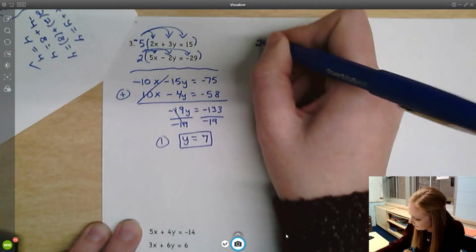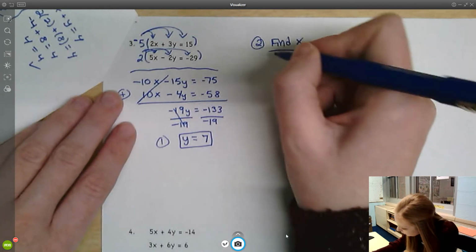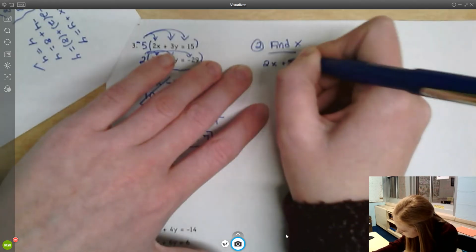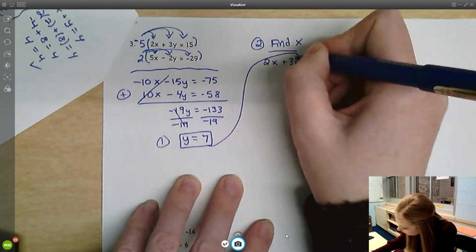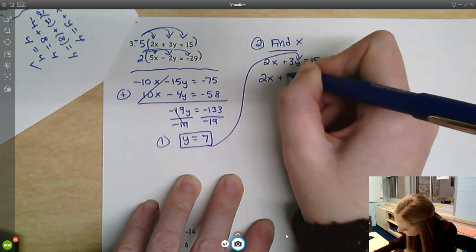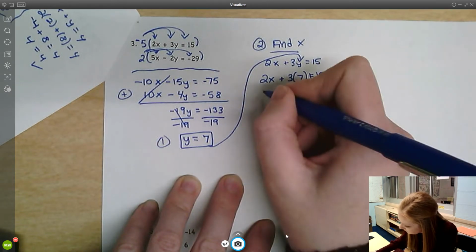Now we need to go back and find x. Rewrite one of the originals. I think the first one looks easier, so I'm going to pick that one. Plug in 7 for y and solve for x.